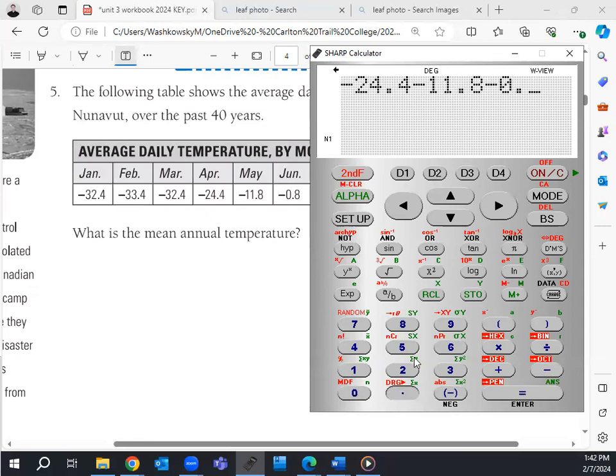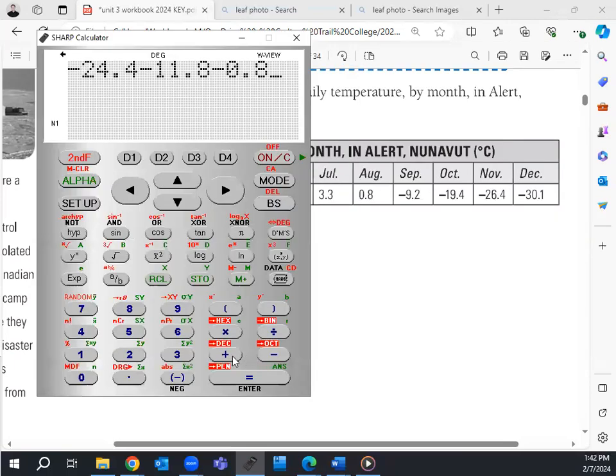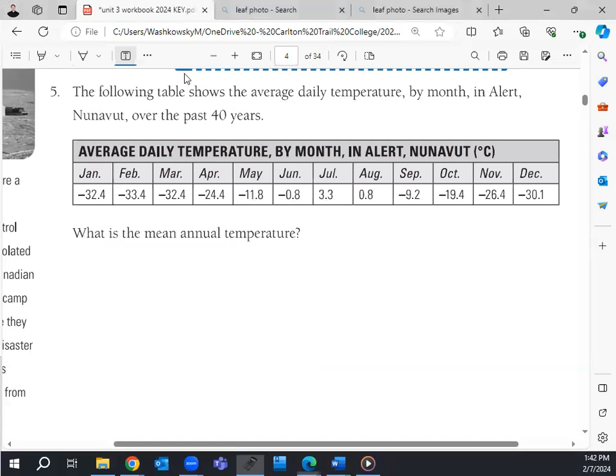Minus 0.8, minus, sorry, plus 3.3 now, because it's a positive temperature, plus 0.8, minus 9.2, minus 19.4, minus 26.4, minus 30.1, negative 216.2. Did everyone get that one? Yeah. Okay. So negative 216.2.